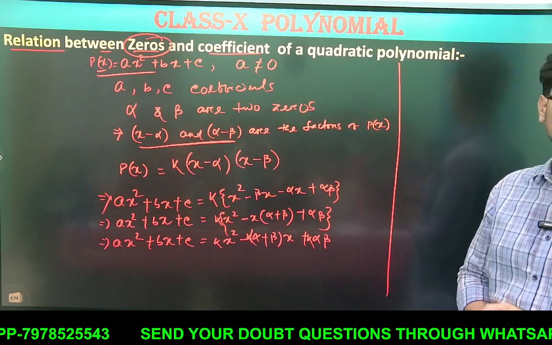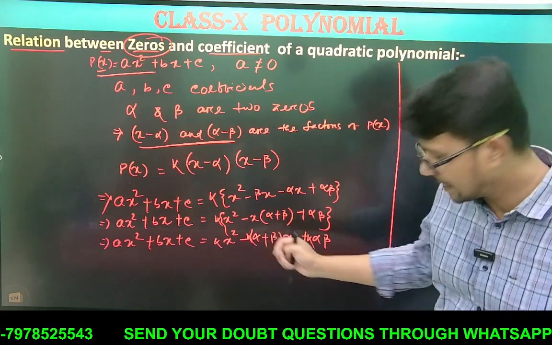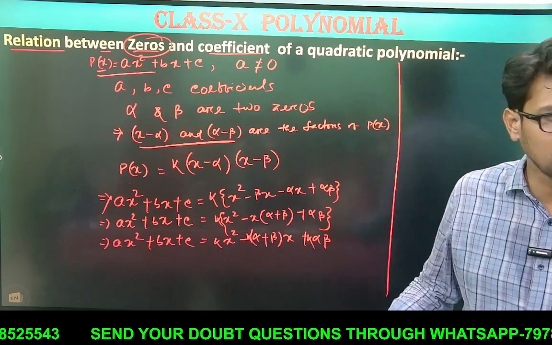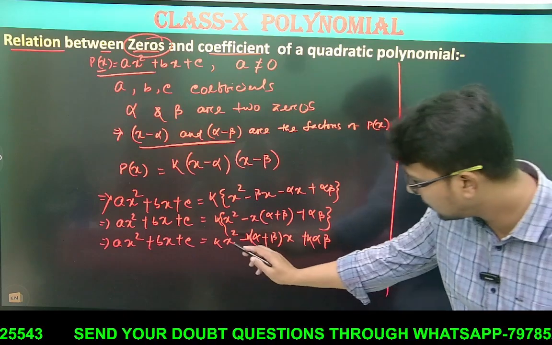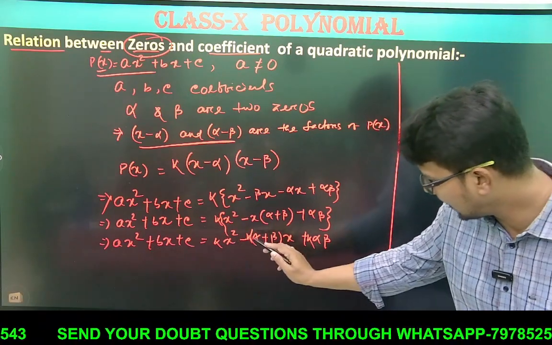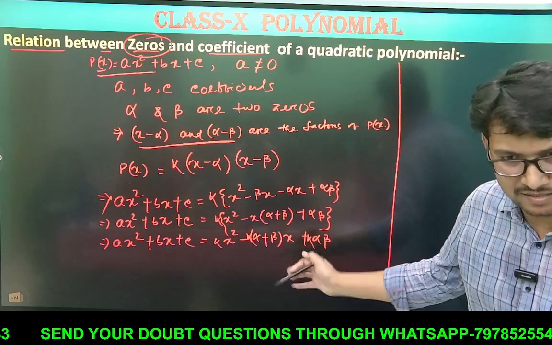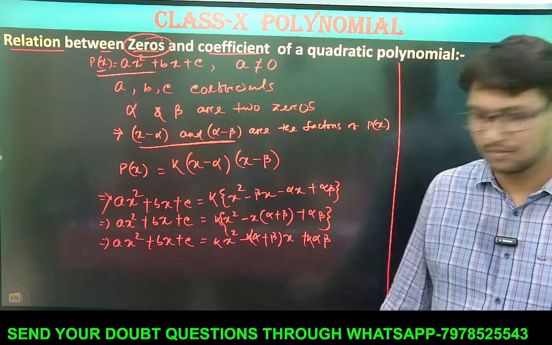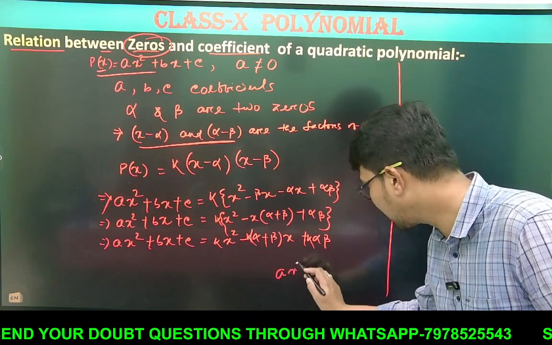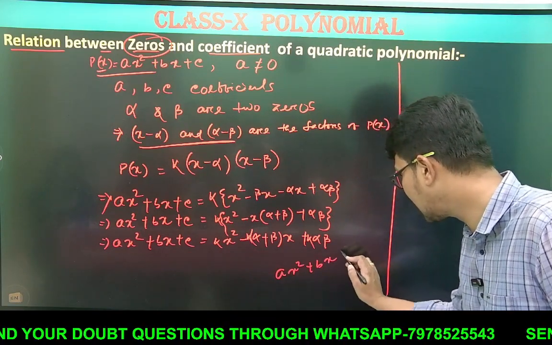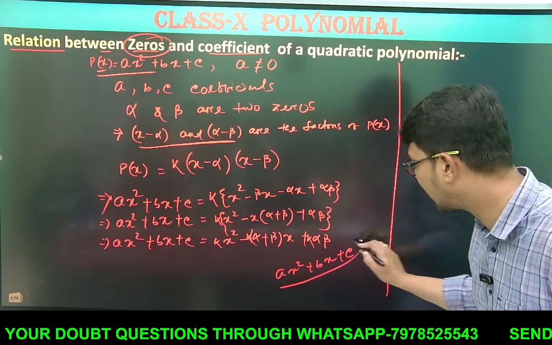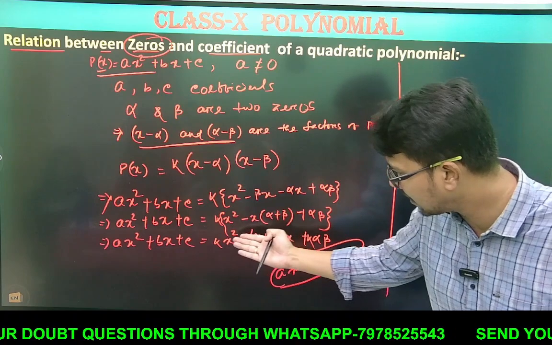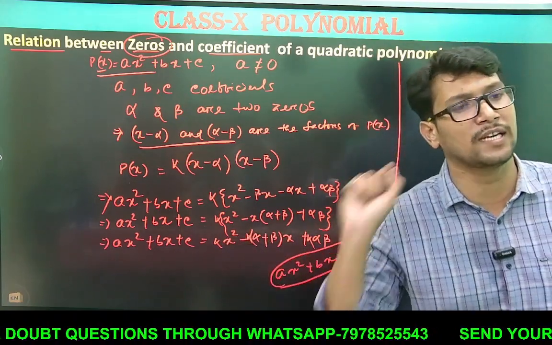Everybody clear? Now have a look at the right side. Now this also forms a quadratic polynomial. Look: x square minus something into x plus a constant. We know x square plus bx plus c, this form is a quadratic polynomial. Hence it is a quadratic polynomial or not? In this quadratic polynomial, k is the leading coefficient.